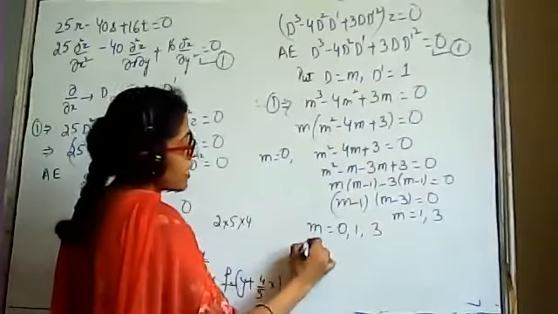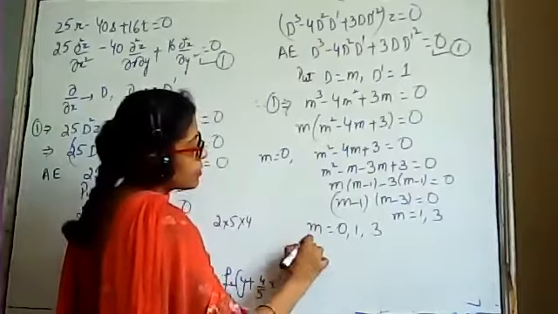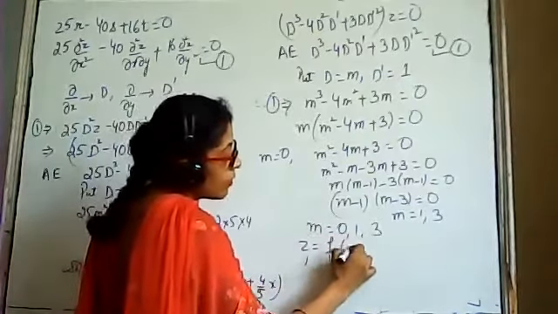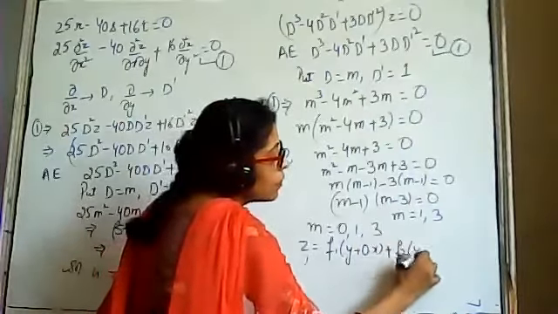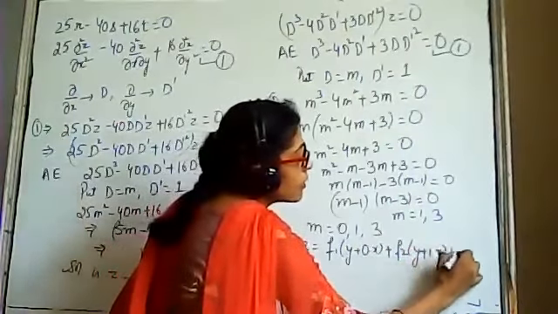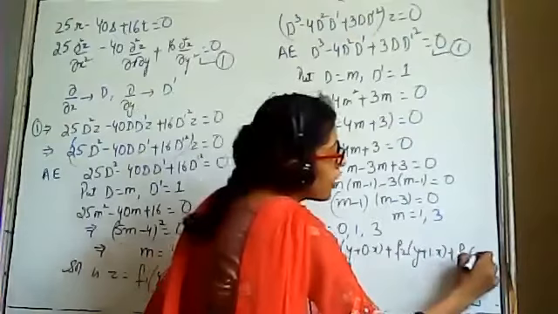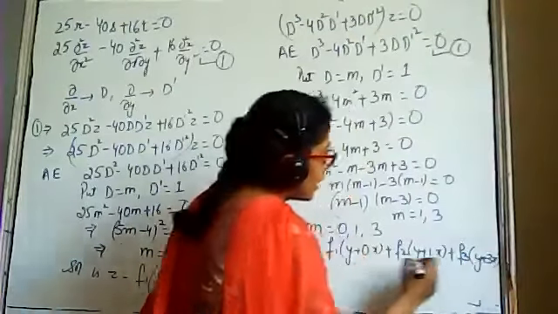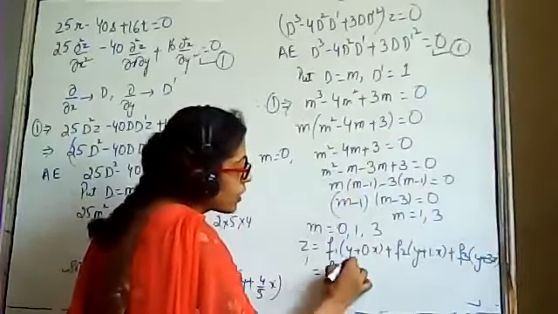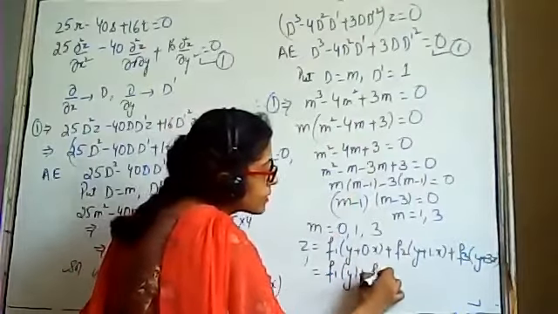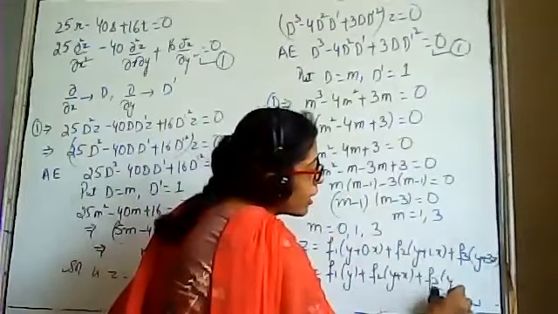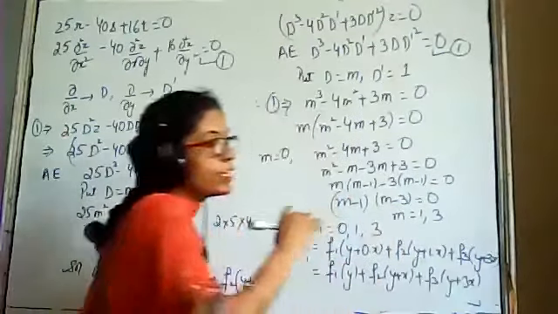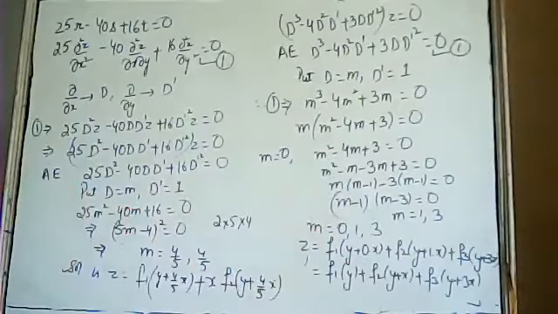So the solution will be z = f1(y + 0·x) + f2(y + 1·x) + f3(y + 3x), or it can be f1(y) + f2(y + x) + f3(y + 3x). So it is our required solution.